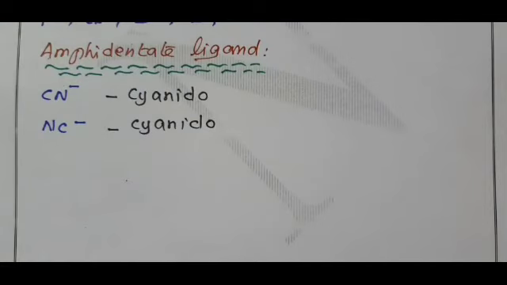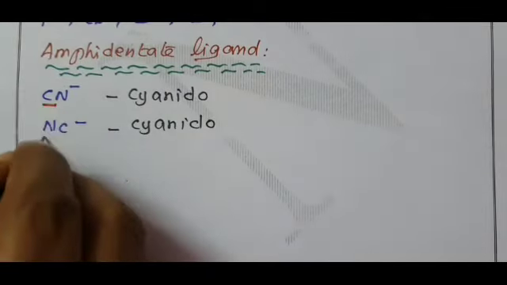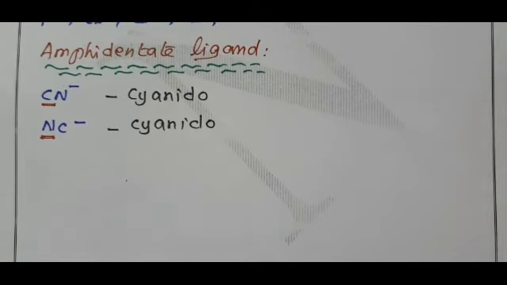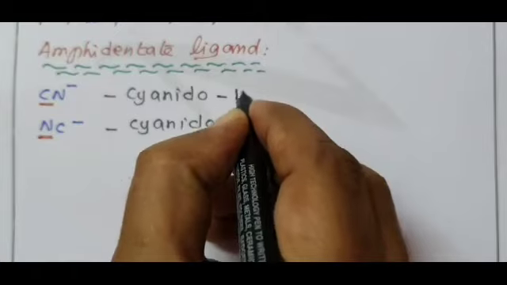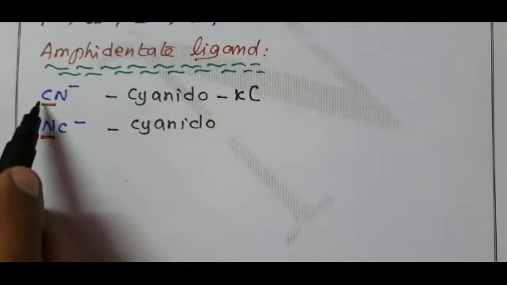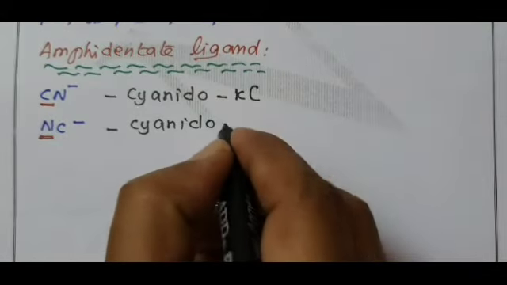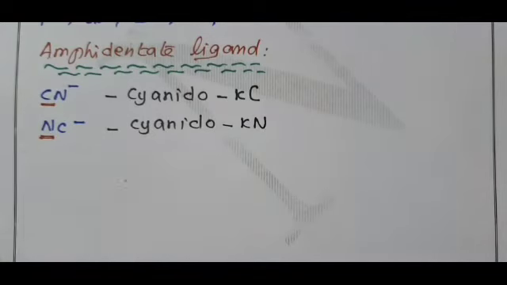In the donor atom. In CN minus, carbon is the donor atom; in NC minus, nitrogen is the donor atom. That donor atom is also indicated in the name. This is cyanido kappa C, where C is the donor atom. Cyanido kappa N, N is the donor atom. Like this.